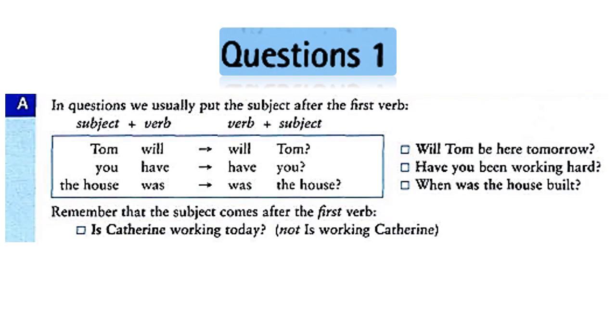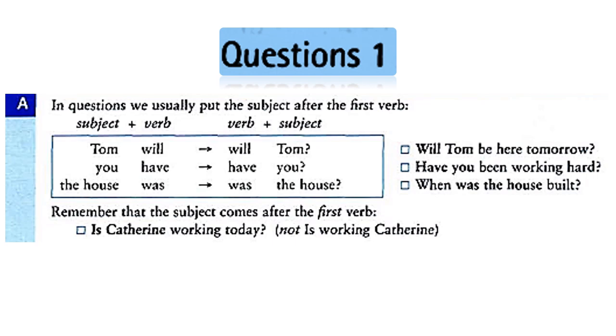For example, Tom will becomes will Tom. Will Tom be here tomorrow? You have becomes have you been working hard? The house was becomes when was the house built? Remember that the subject comes after the first verb.